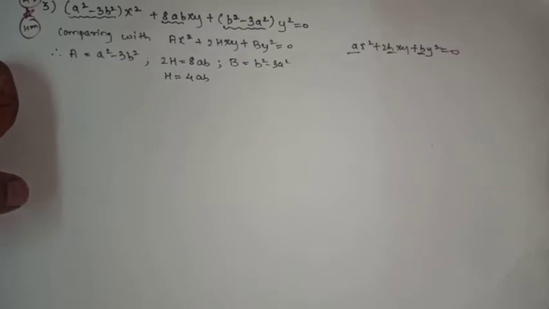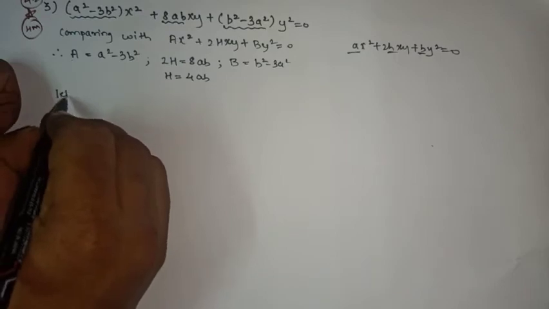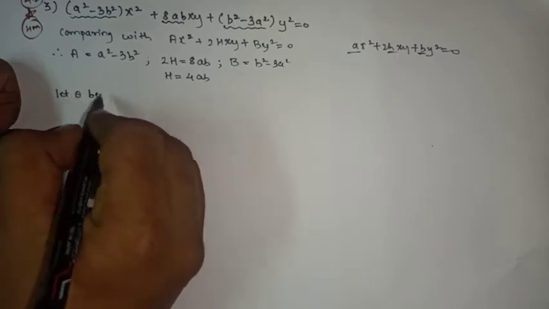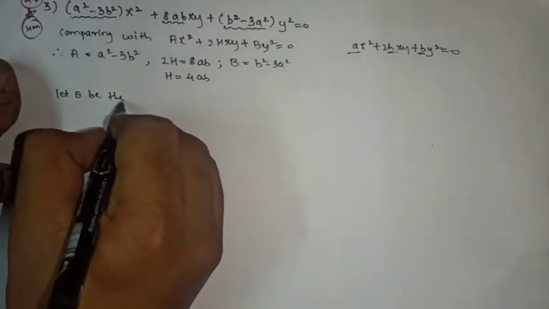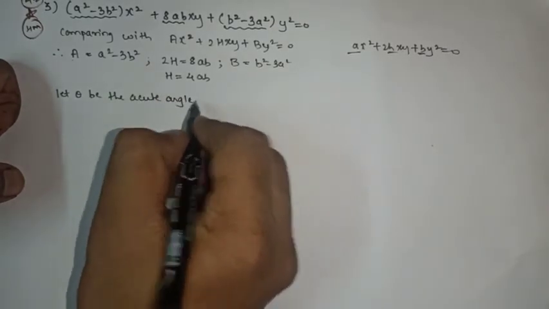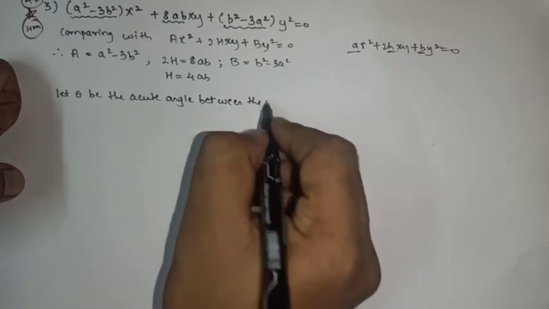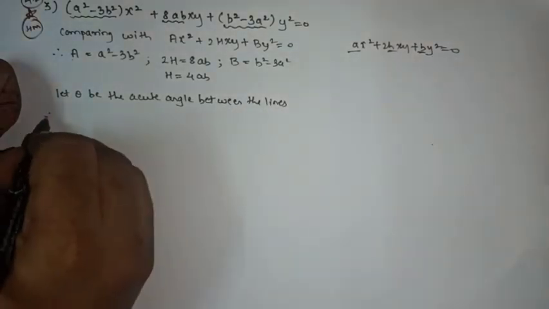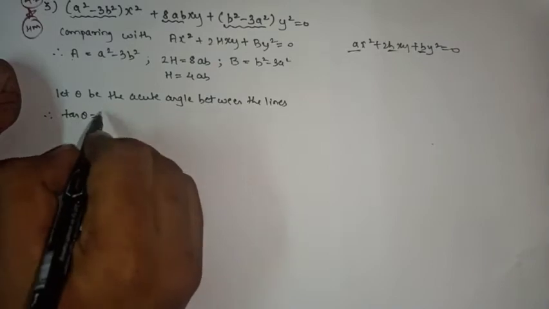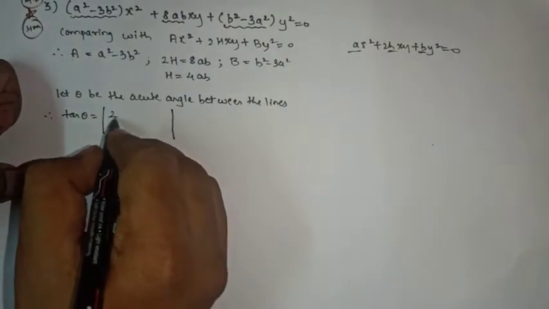Okay. So now as we know, we'll write the next step as: let theta be the acute angle between the lines. So therefore tan theta, here also the formula will change as we took the capital alphabet.